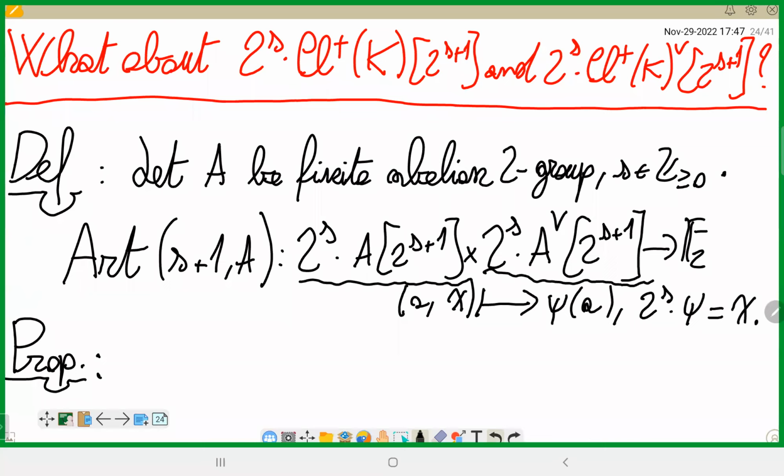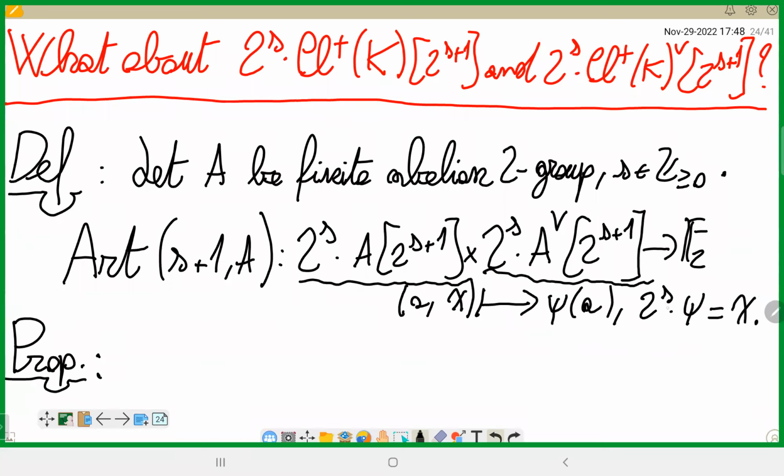And the pairing is not exactly evaluation of one class in the other. I write the dual one as chi that is divisible by 2 to the s. So I make a choice here of a psi such that 2 to the s psi is chi, and then I evaluate a on psi.